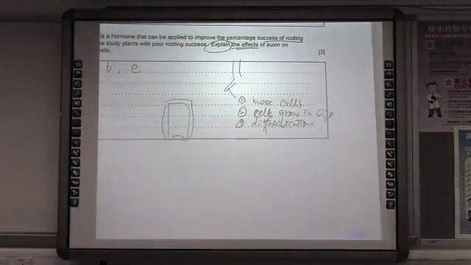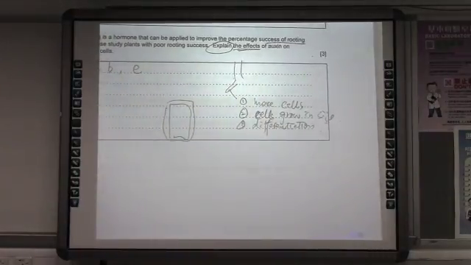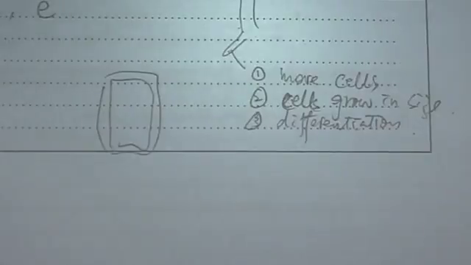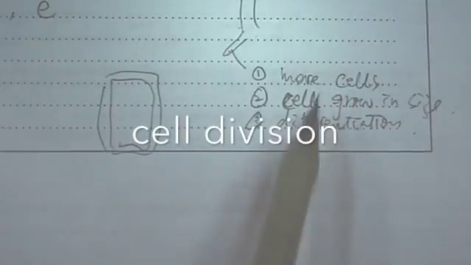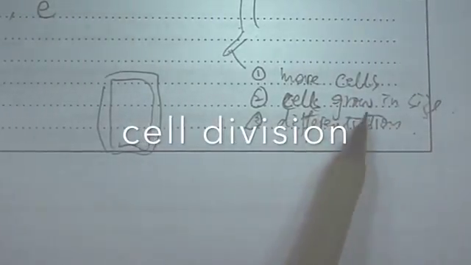This is my drawing. Before I write, I draw something to help myself organize my writing. This is the root of a plant, and this is the meristem of the root. I told you the meristem can produce more cells because it carries out cell division, and the cells can grow in size.